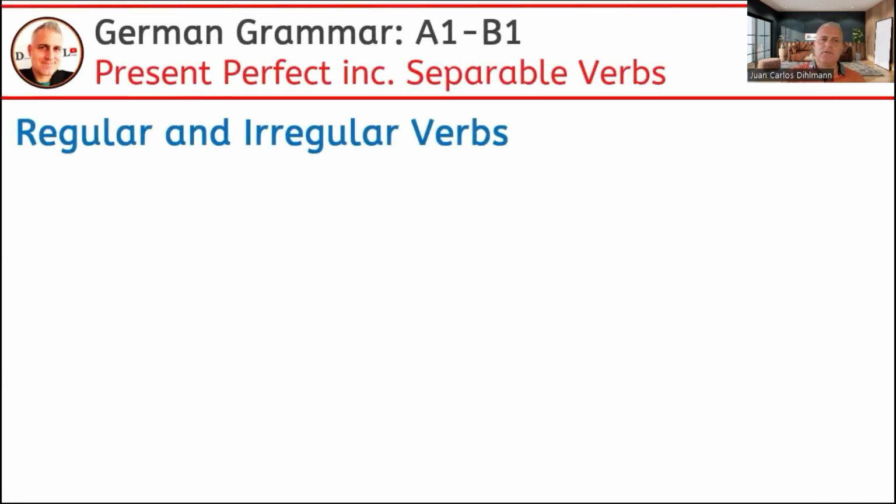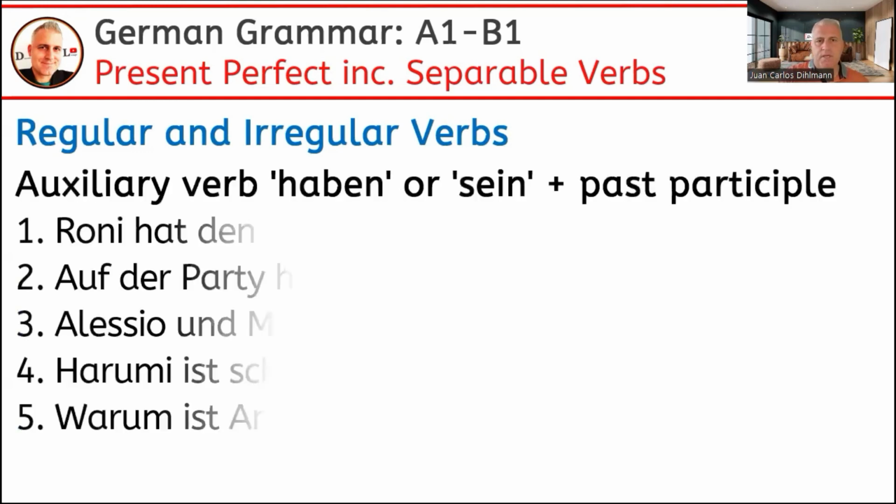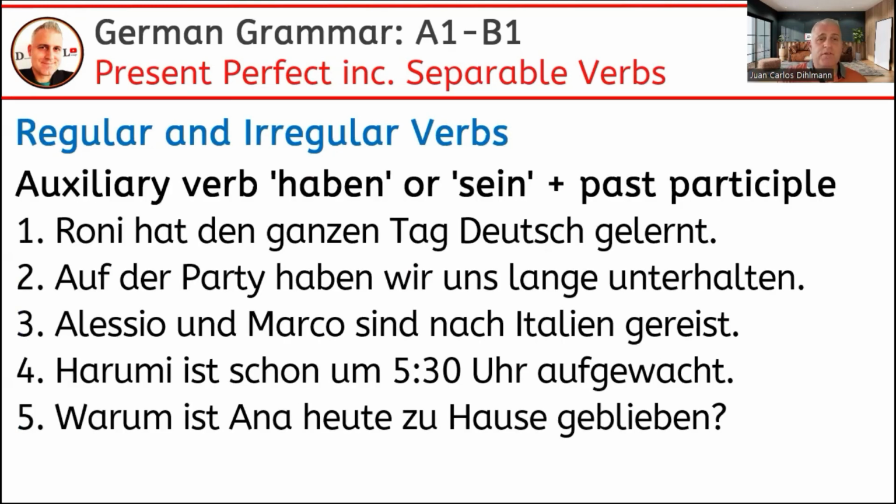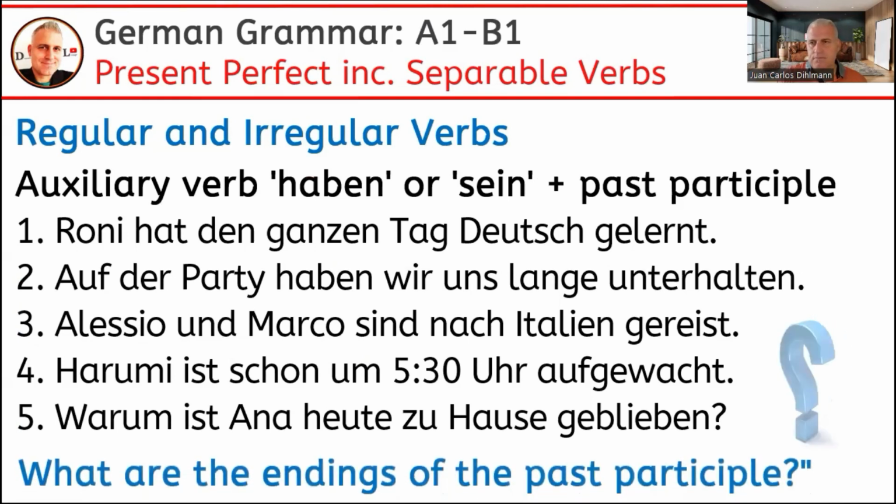Let's have a closer look at regular and irregular verbs. Both are used with the auxiliary haben or sein. The difference is the past participle. Okay, so what are the endings of the past participle? Please have a look at those participles.